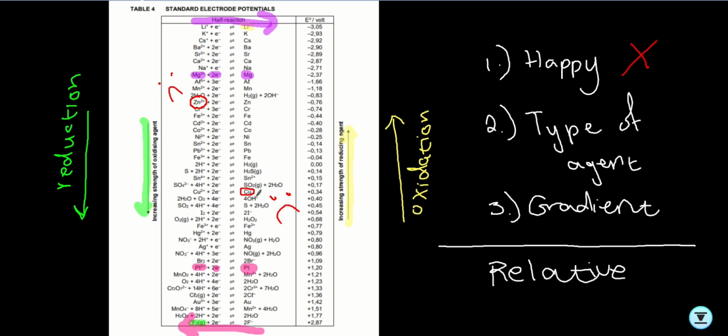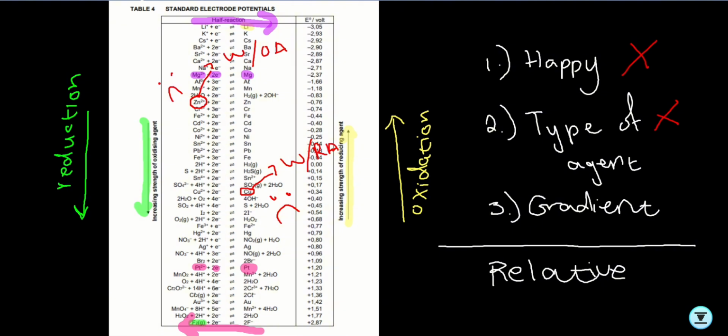But as you can see, copper is supposed to give up electrons, and it's not really good at that because being an oxidizing agent means you attract electrons strongly. So it is not strong as the type of agent. We've got a weak agent on this side, and we've got a weak agent on this side. Up here, we have a weak oxidizing agent, and over here we have a weak reducing agent. So it's not looking too good.